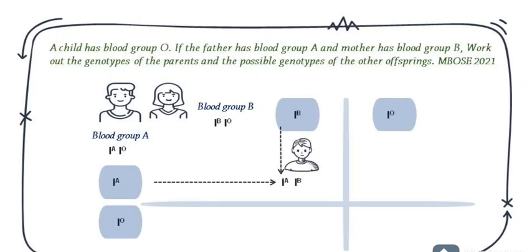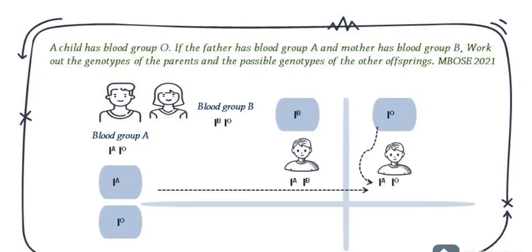If a child receives IA from father and IB from mother, he will have genotype IA-IB and his blood group will be AB. If a child receives IA from father and IO from mother, his genotype will be IA-IO and his blood group will still be A, as IA is dominant over IO.